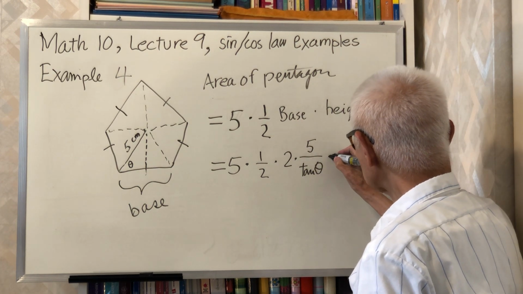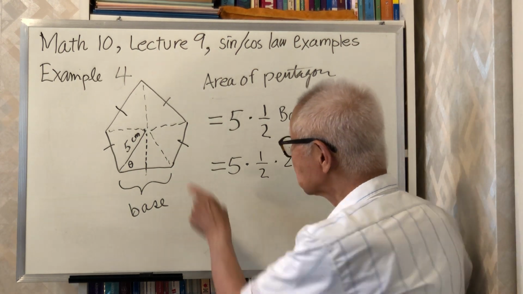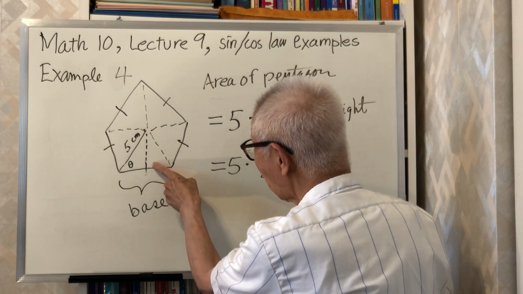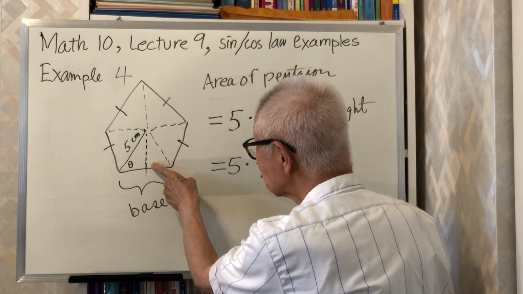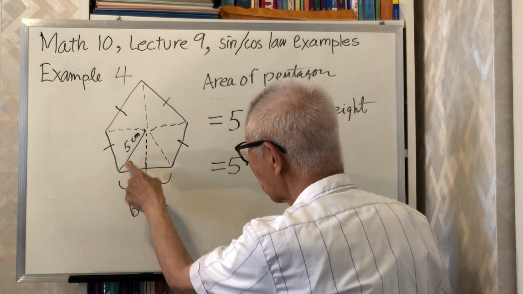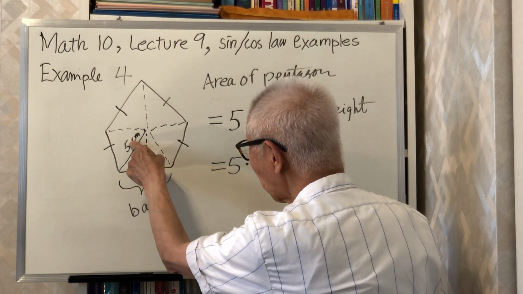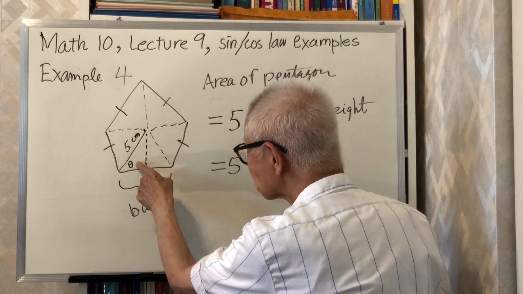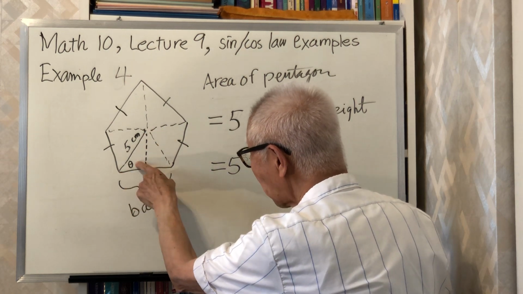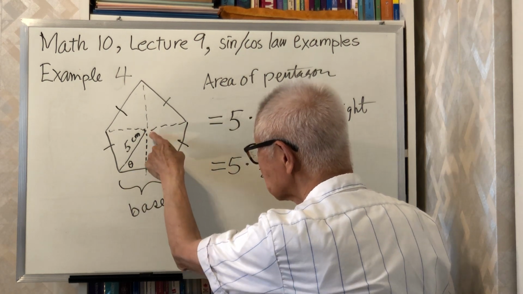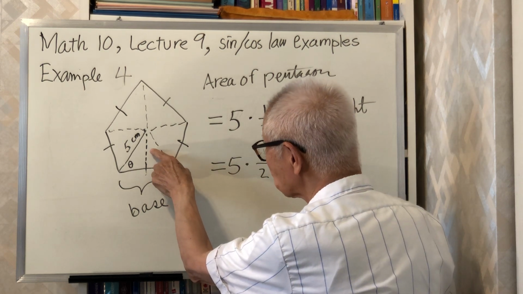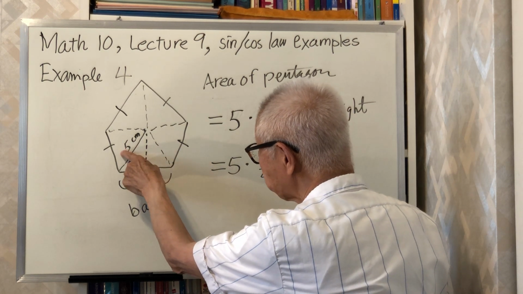And what about the height? Height is this. How long is this part? Using this triangle, this is 5 sine theta. Do you get it? 5 times sine theta is this side, because sine is the ratio of opposite side divided by hypotenuse.